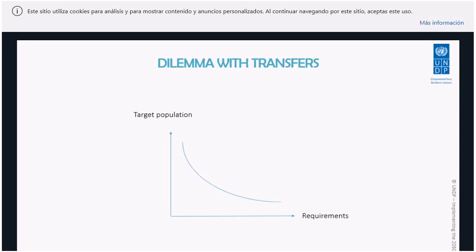So from the perspective of the government, you can say, wow, this is fantastic. The effect of the transfers I am implementing is fantastic. Let's continue doing this.